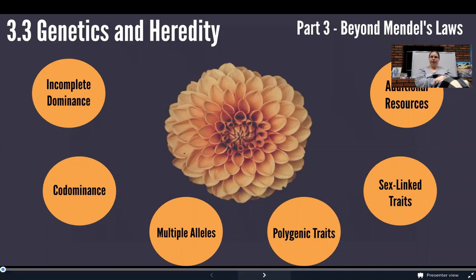And then in part 2, we talked about some of the history of genetics as well as how to do Punnett squares. In terms of the history, we mentioned Gregor Mendel, who is an Augustinian monk, and he's considered the father of modern genetics.